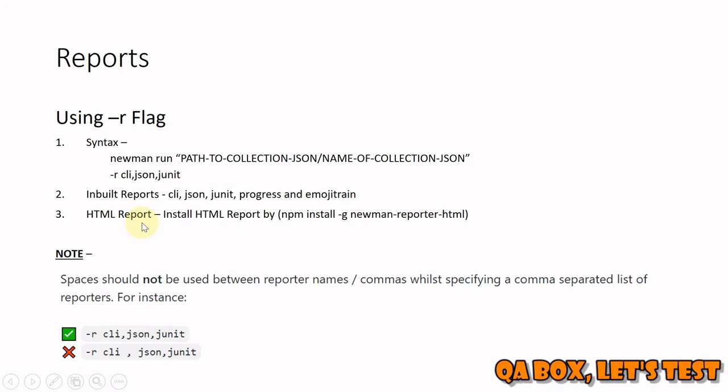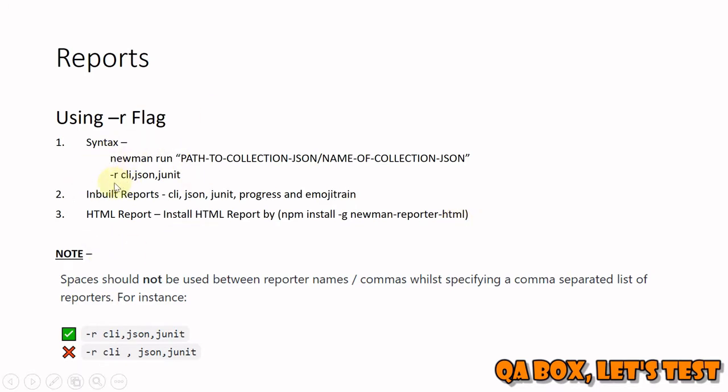You can also generate the HTML report, and to do so you first have to install a dependency using this command: npm install -g newman-reporter-html. In my case this is already installed. If you have not installed it, install that.